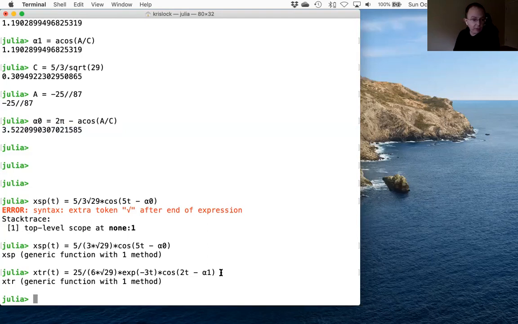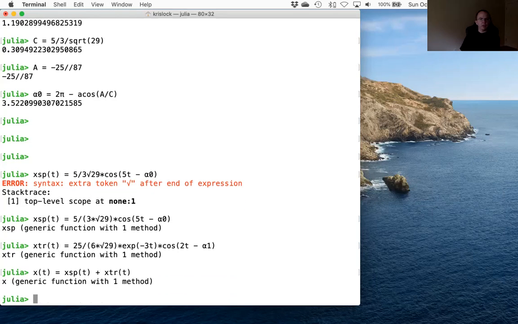So now let's see, what do we want to plot? We want x of t as well. So x of t will be the steady periodic solution plus the transient solution. So that's what x of t is. And I guess let's plot the steady periodic solution first.